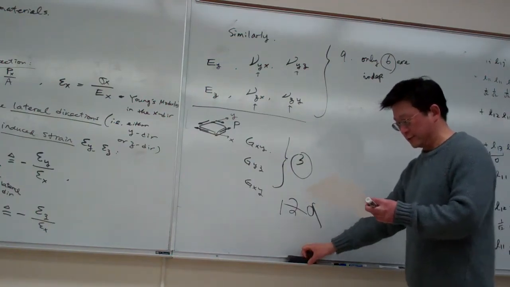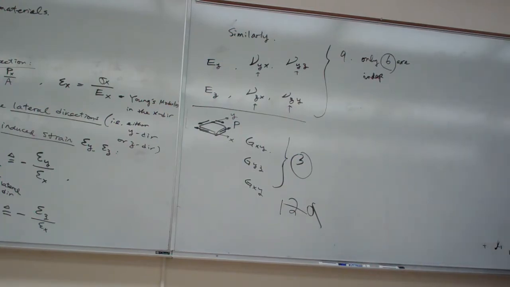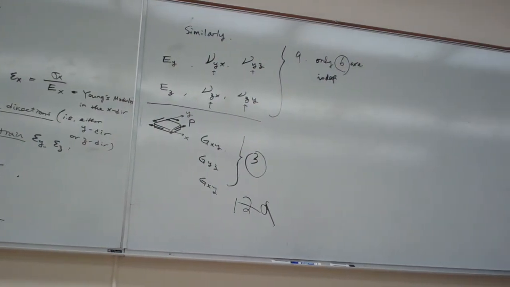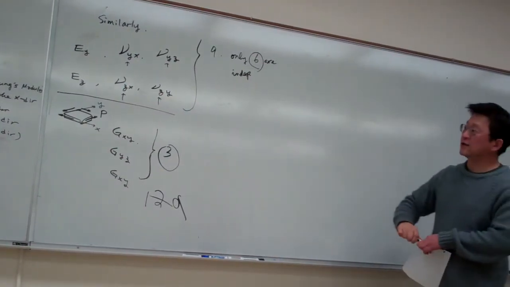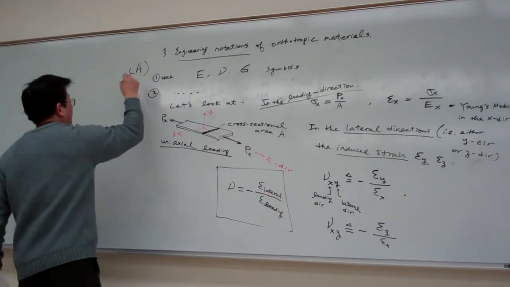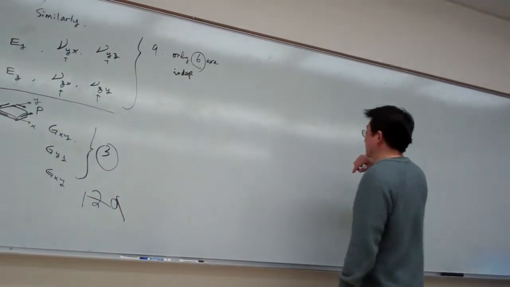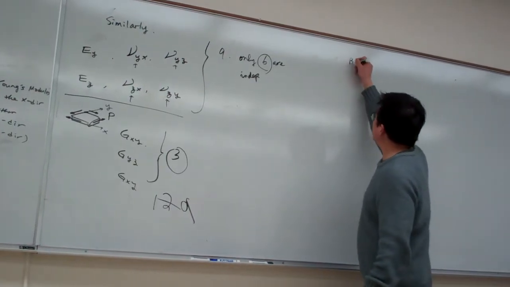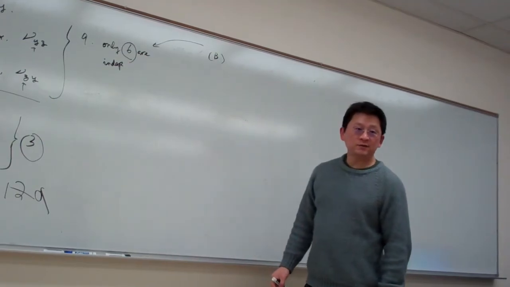I want to build up for you. This is the portion A. Portion A basically is introducing the background of these things. And now portion B is where I want to explain that 3 of the 9 are dependent.